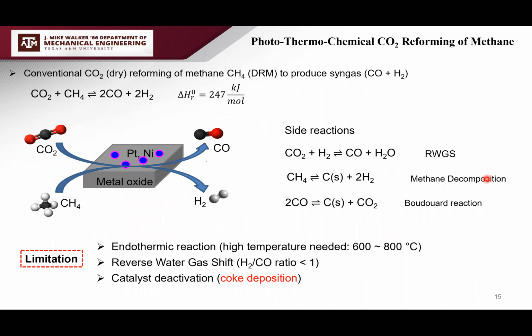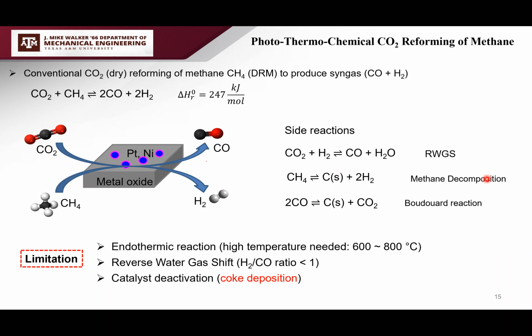All right, so let's move on to the second topic, which is the photothermal chemical CO2 reforming of methane. I think the currently industrialized process is called the steam reforming of methane to produce syngas or hydrogen, right? And most of our hydrogen actually is produced from steam reforming.